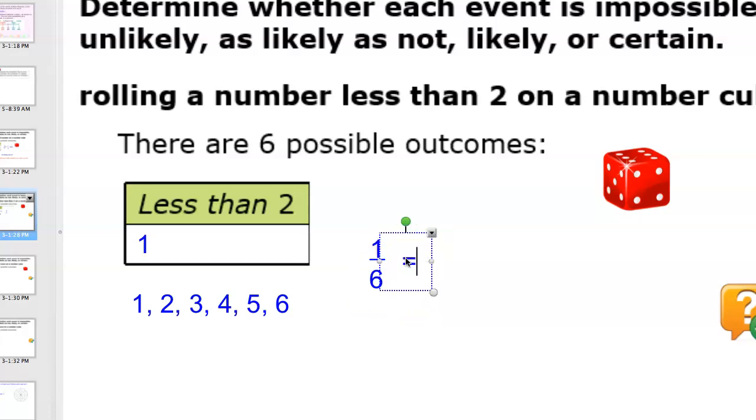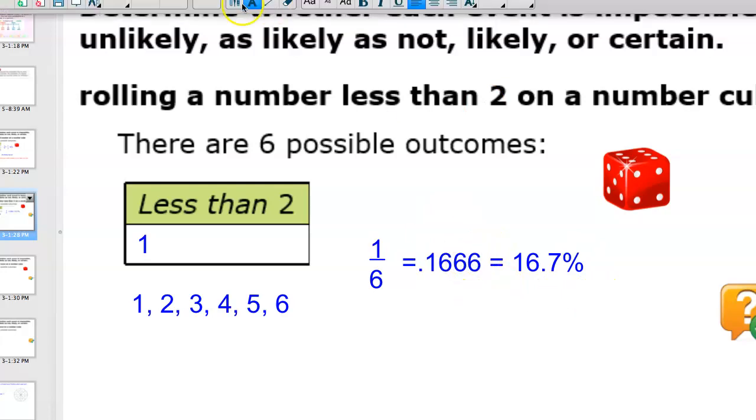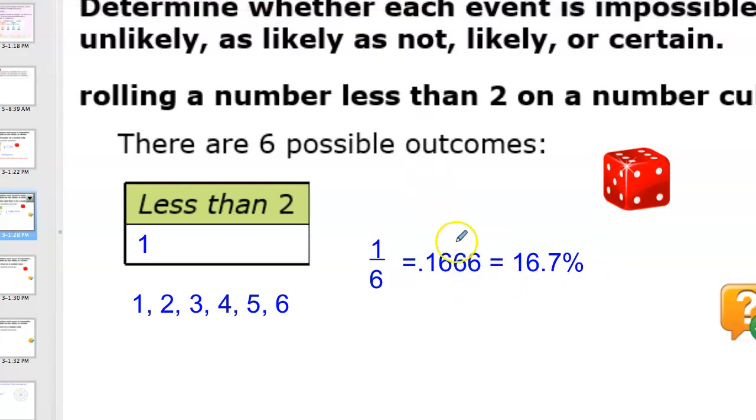And to find the percent, I would do 1 divided by 6, and that gives me the decimal form, which is 0.16666 repeating. You want to multiply this by 100 to get the percent.